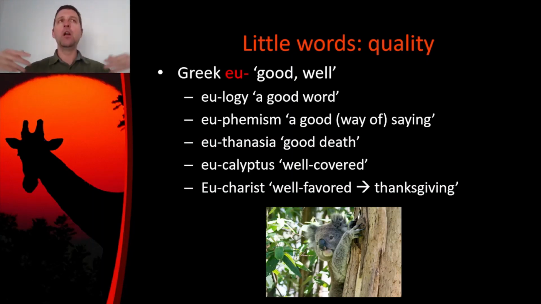Like if you're well favored, you should give thanks to God or the gods for blessing you and giving you what you have, and that came to be the name that was applied to the central part of a Catholic Mass, the taking of the bread and the wine as a symbol of the body and blood of Christ. That's called the Eucharist, and it comes from these two Greek words.